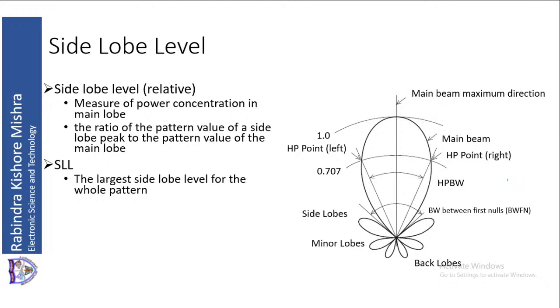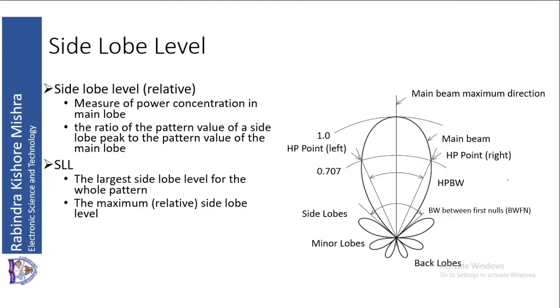If you look here in the figure, there is a larger beam which we call the main lobe. There are smaller beams at the base of the larger beam which we call the minor lobes.